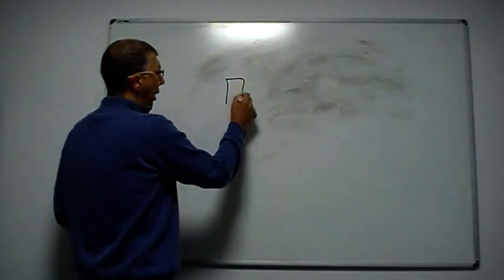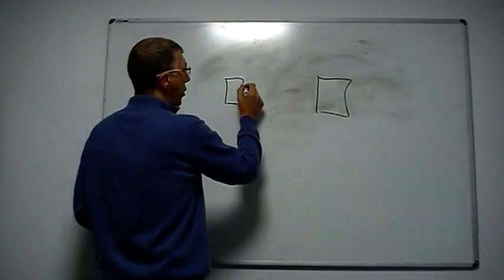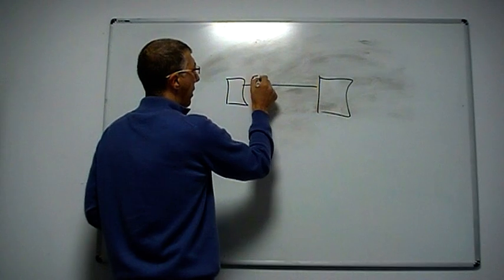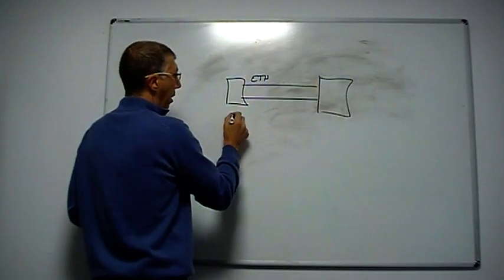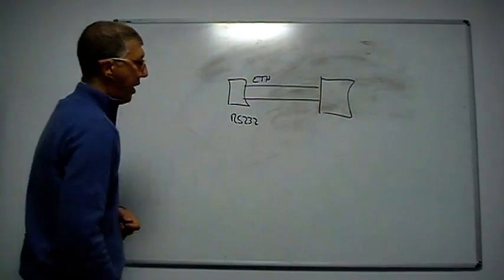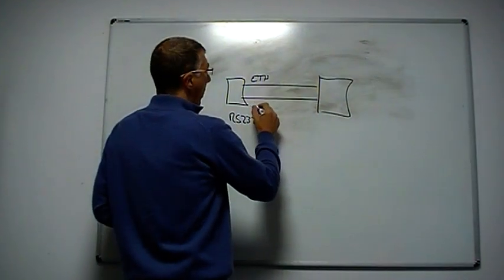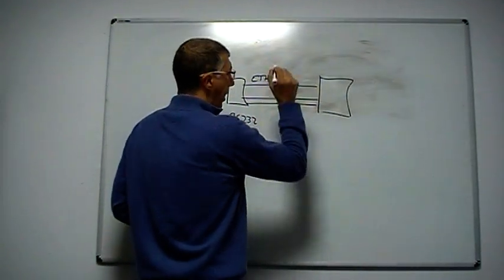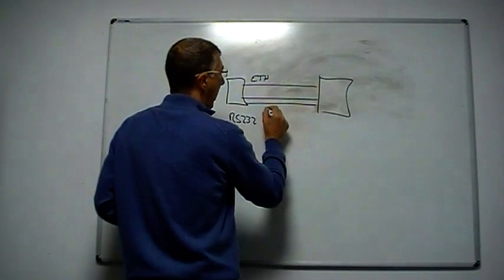There are different ways to communicate between a controller and a printer. We can use Ethernet. We can use RS-232. Remember, that's recommended standard 232 of the IEEE of the USA. And we can use a new way which we're going to investigate, sending in binary data.